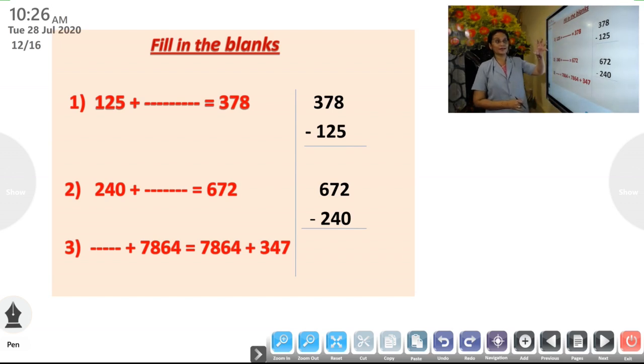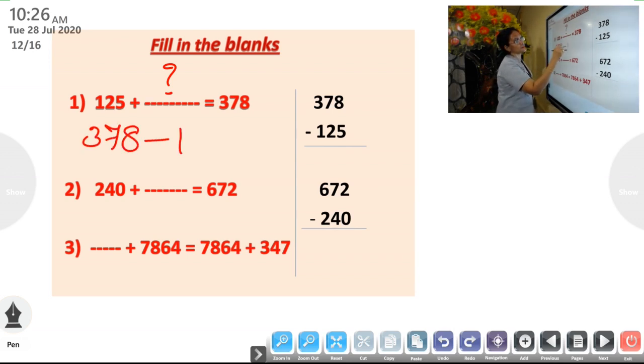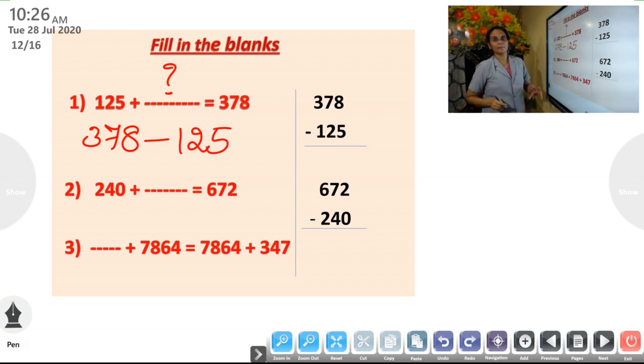You have to find the number that comes here. Question mark, you don't know that number, you have to find. So sum of two numbers is given, one number is given. How will you find the other number? It is easy, the sum 378 minus the given number.